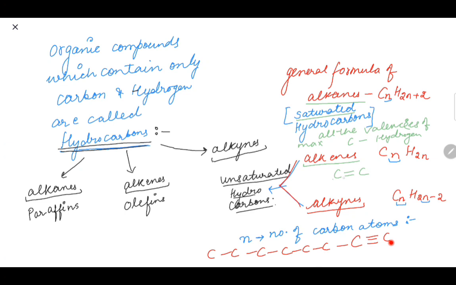If, for example, we are seeing a double bond here, then no matter how long the chain is, it would show you the properties of alkenes.